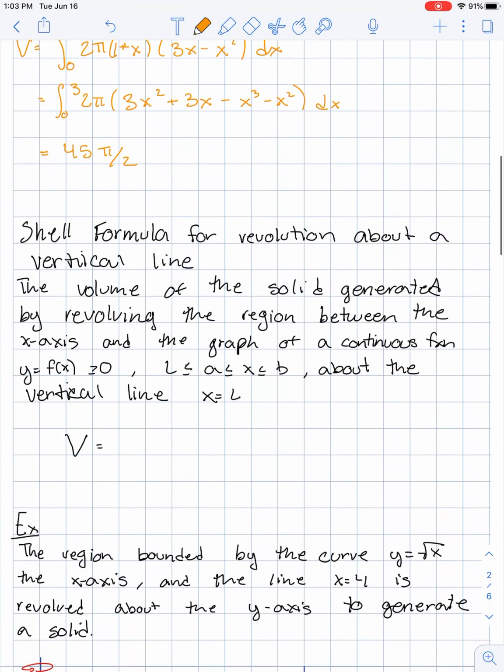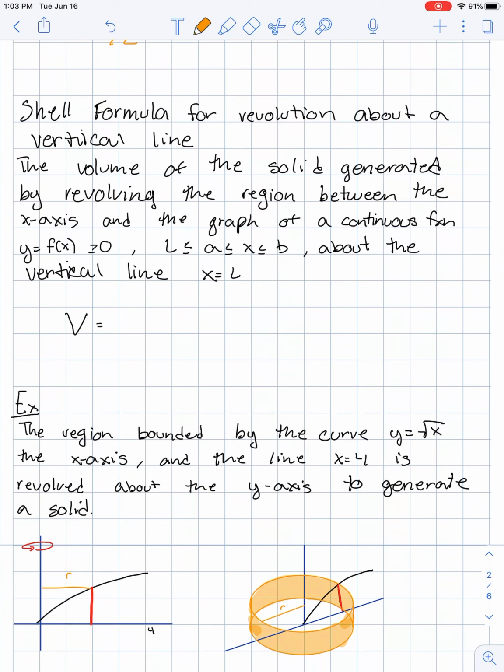So we can generalize it and we'll get the shell formula for revolution about a vertical line. We talked about a horizontal line last time with the washer method, versus if I had two curves in the disk method, if I just kind of moved over a little bit, right?